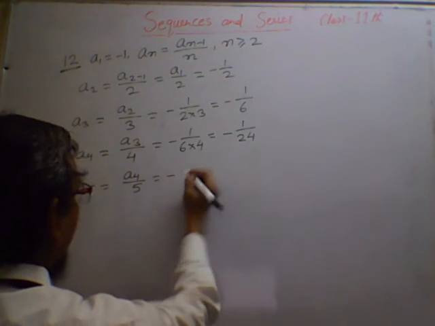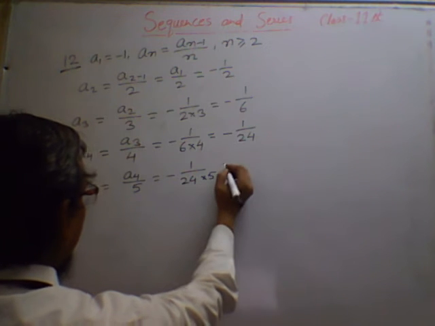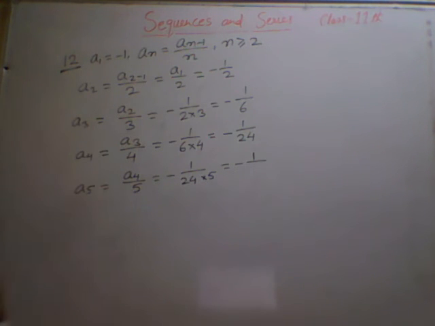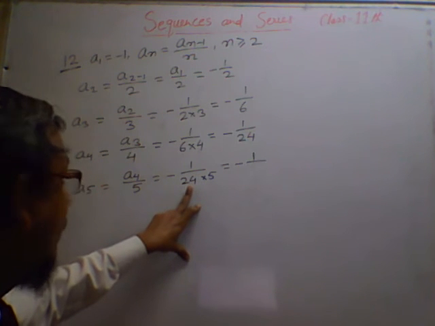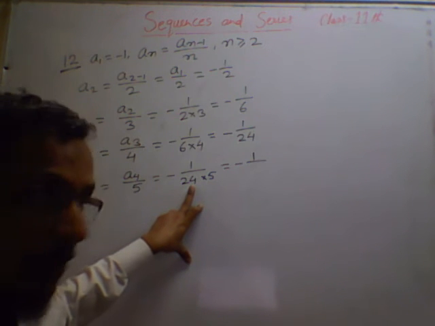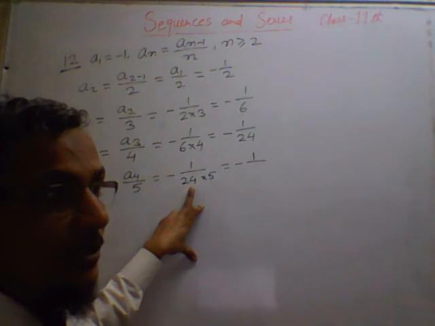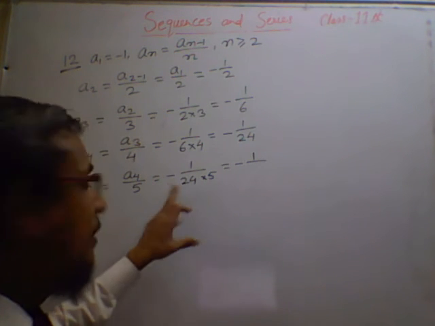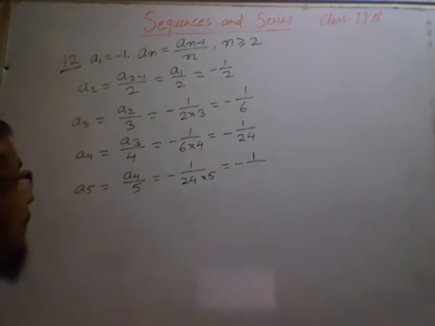The value of a4 is minus 1 over 24 multiplied by 5. Here boys, I have a shortcut method of multiplication of 24. We all know 24 multiplied by 10 is 240. So if here is 5, we will take half of this one. So it will be 120.